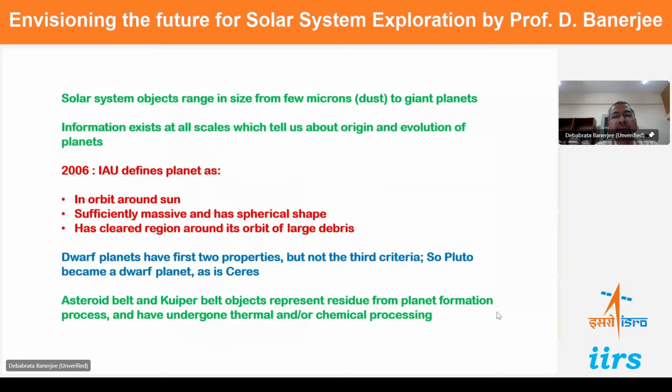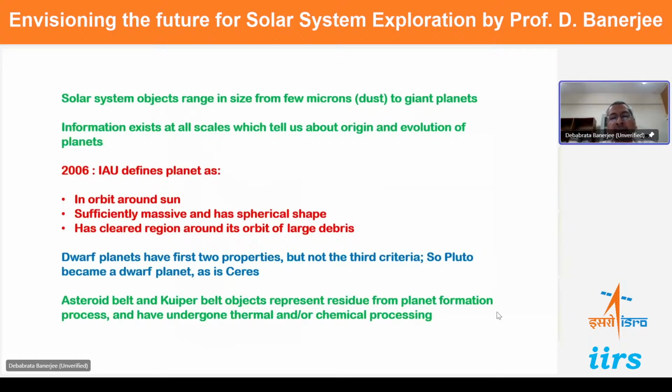It's sufficiently massive and has spherical shape, and it has cleared the region around its orbit of large debris. So dwarf planets have the first two properties, but they do not satisfy the third criterion. So therefore, Pluto became a dwarf planet, just as Ceres is a dwarf planet.